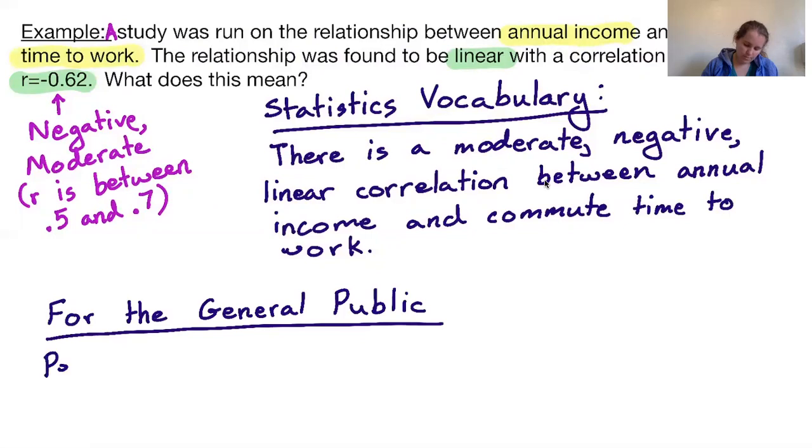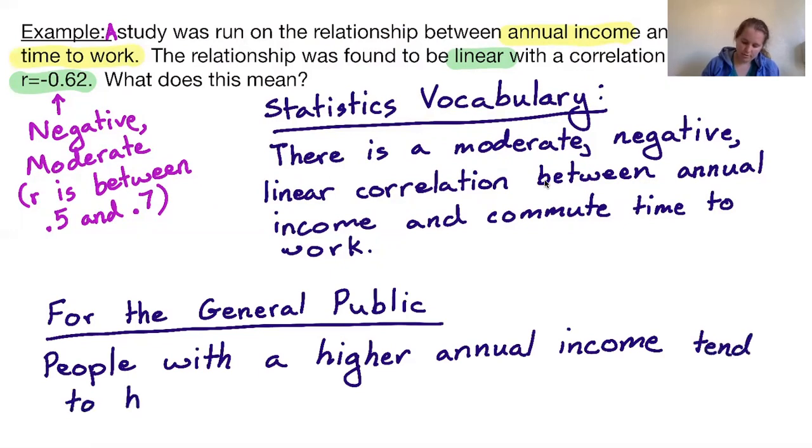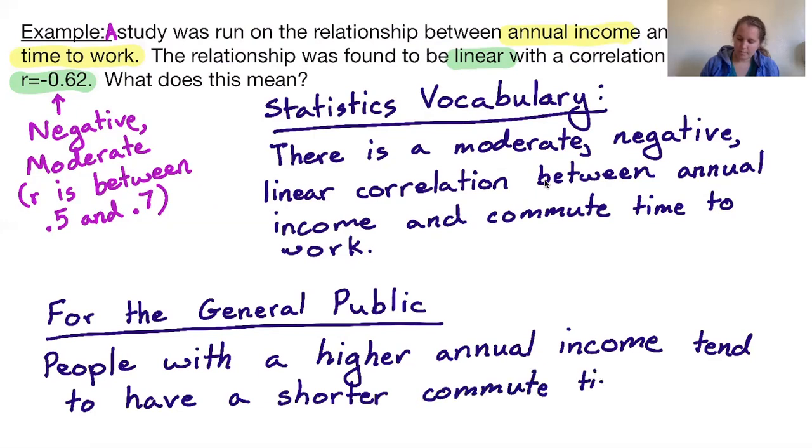So people with a higher annual income, there's our higher values of variable 1, tend to have a shorter commute time to work.